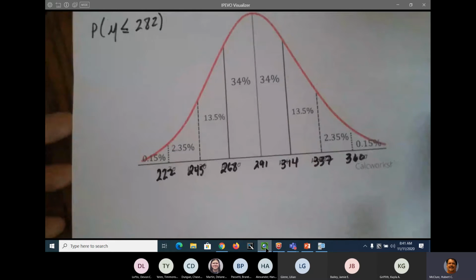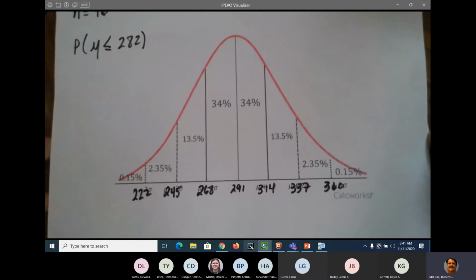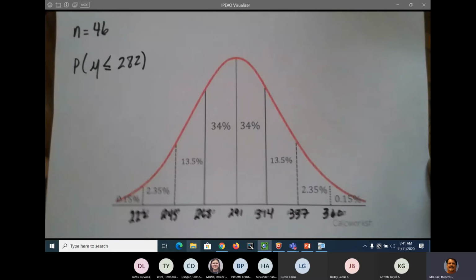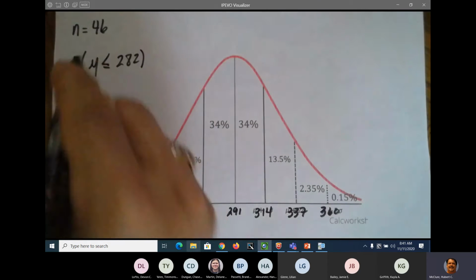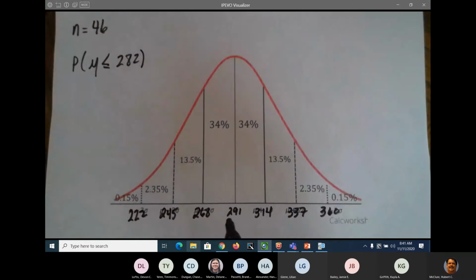Here is the picture and the information that's given, and this is the old 291, 314, blah, blah, blah. Now we know these are going to be no good after we find a new standard deviation.